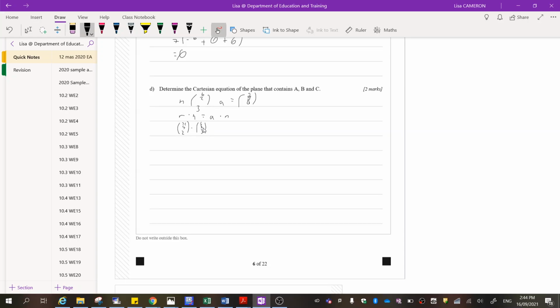It looks like a 7, but that's a 0. Equals 1, 3, 0. Dot product 6, 2, 3.